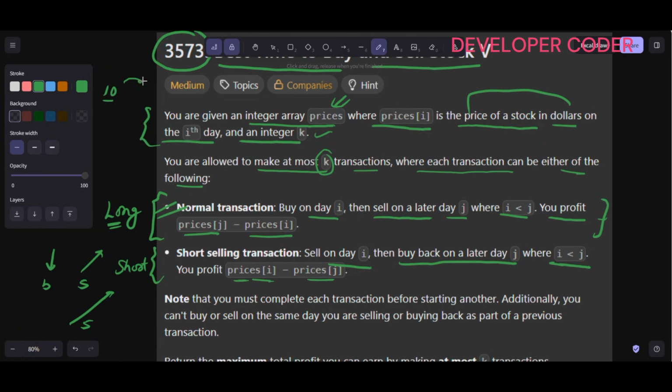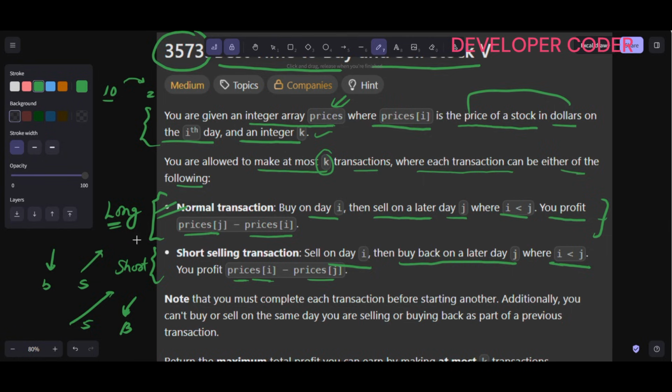And later on, you know that in future the government will do a few things and the price of this stock will definitely fall to 2. So when the price of this stock falls to 2, you buy back, and again you are making a profit: selling at a higher cost and buying at a lower cost. Here you are buying at a lower cost and selling at a higher cost.